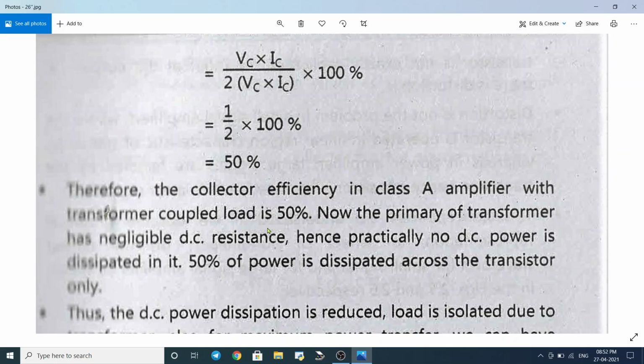The efficiency has been increased by a double amount. The power consumed from the DC source has been utilized as useful power up to 50%, and the remaining 50% of power will be wasted or dissipated across the power transistor.